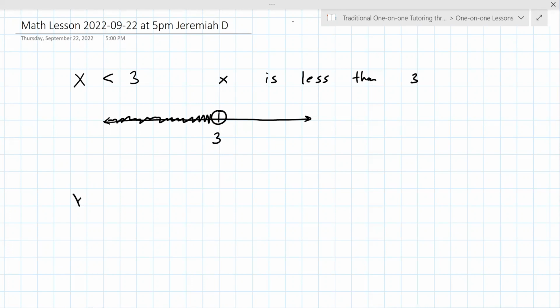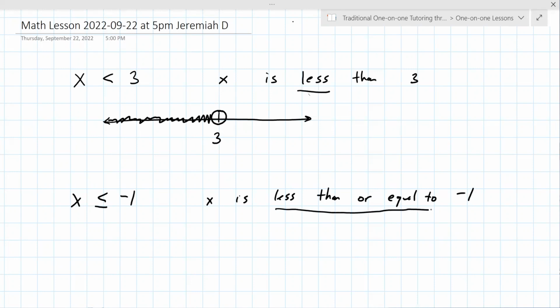Now let's say I write this: x less than or equal to -1. So x is less than or equal to -1. This symbol, the first one is less than, this one is less than or equal to.